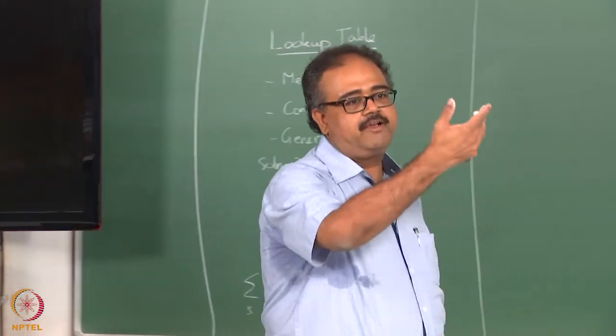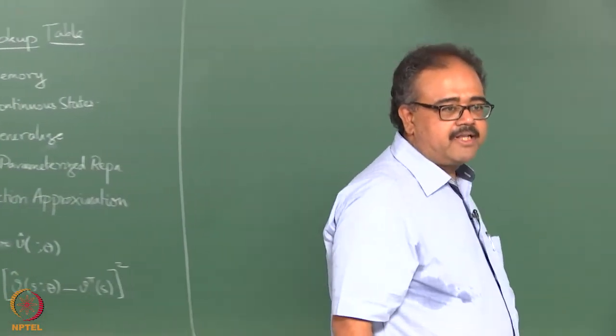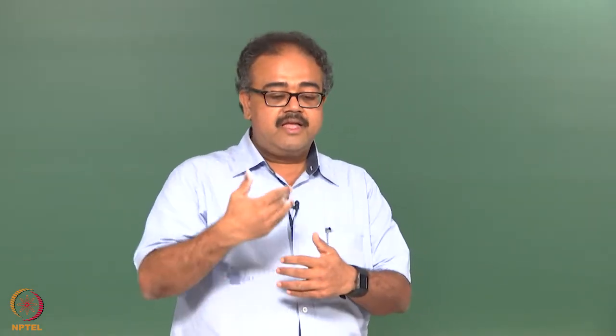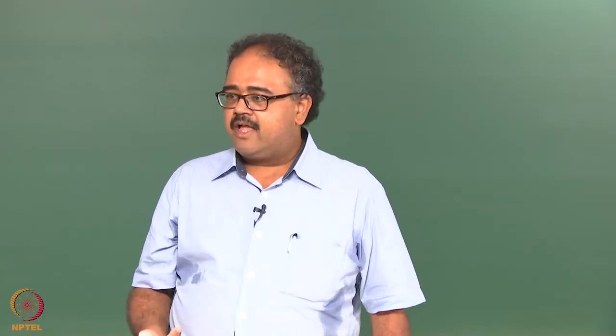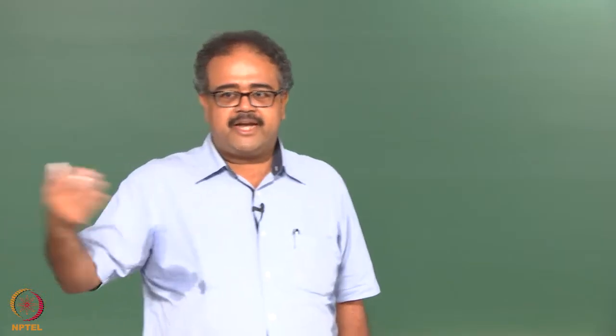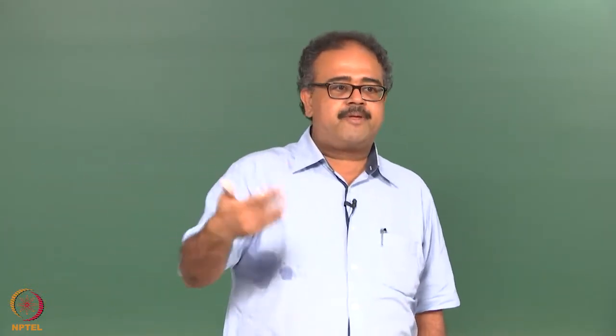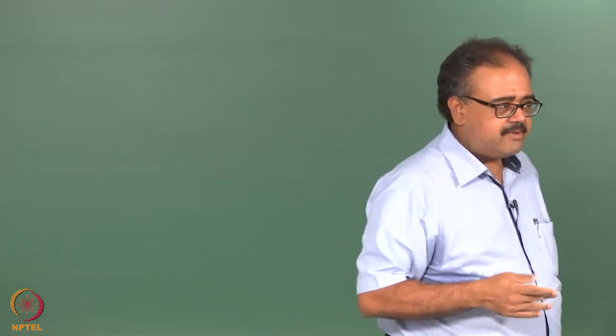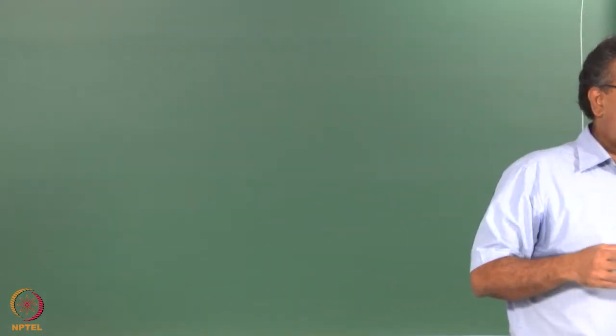Weighted by the probability of that particular pair occurring. Then we assumed that the data is coming to us from the probability distribution, and therefore we can do the empirical mean. We can just divide by 1 by n, because if a data point is more likely, we will assume that it appears more often in the sample that is given to you. That is how we ended up justifying using 1 by n.